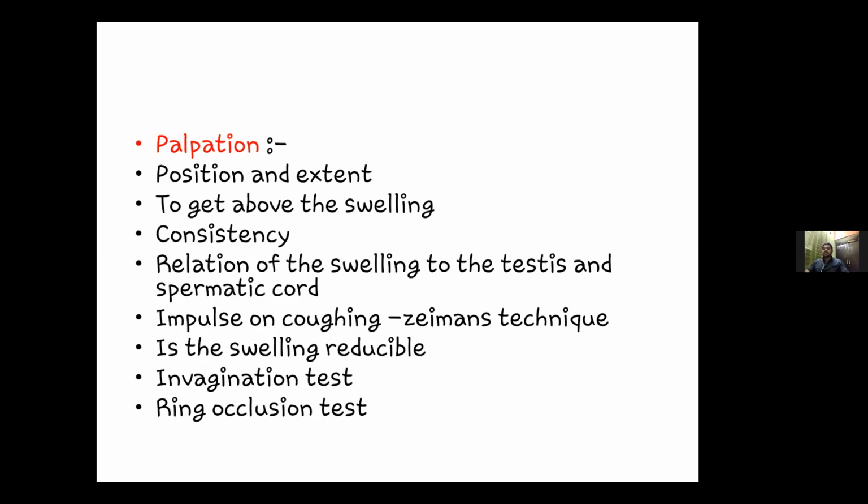Next test is impulse on coughing, and the swelling reducibility. These are the classical signs of an uncomplicated hernia.